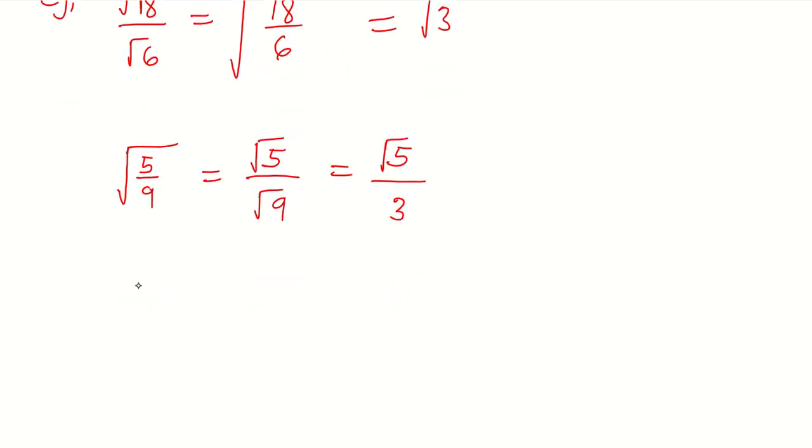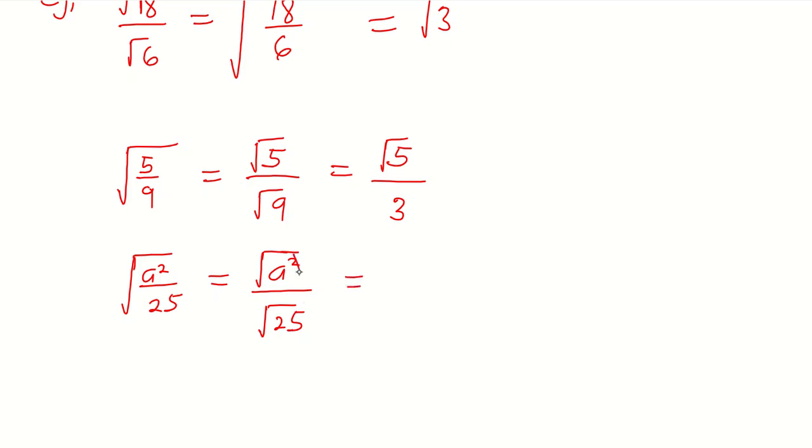The last example is square root of A squared divided by 25. Now with this, we can divide the square root by the numbers, and we have square root of A squared divided by square root of 25.